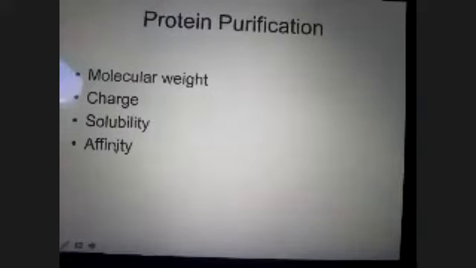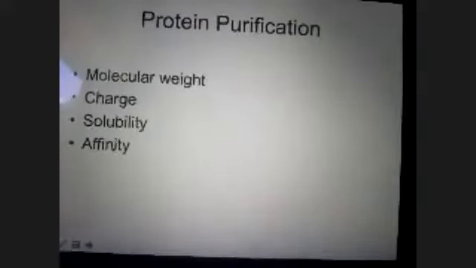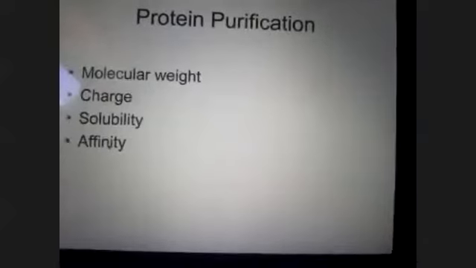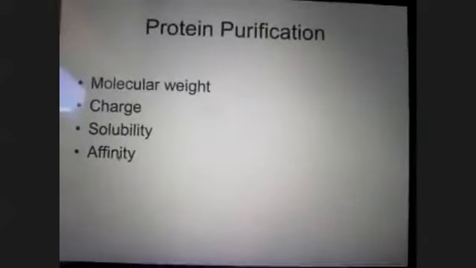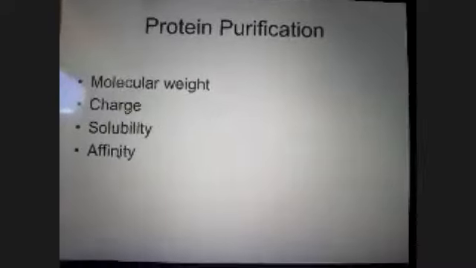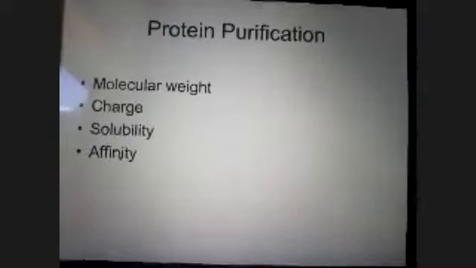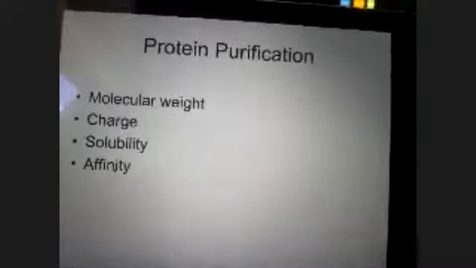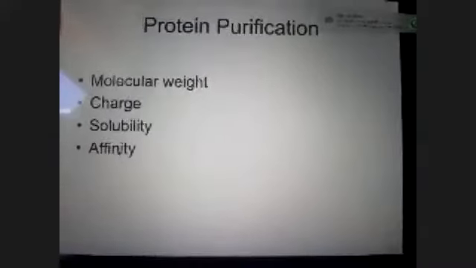The affinity is that our lipase is fused with a histidine tag. When we have the histidine tag, it has affinity towards nickel. So that's why we use histidine tag and then nickel as the matrix.